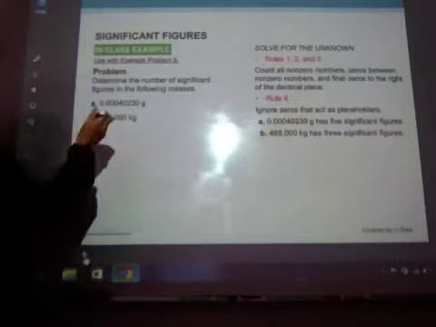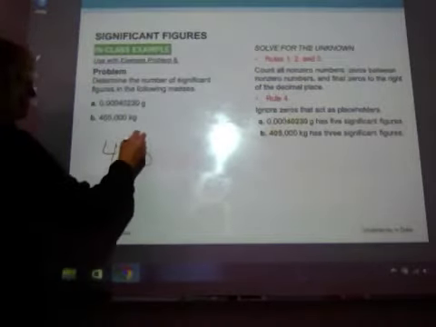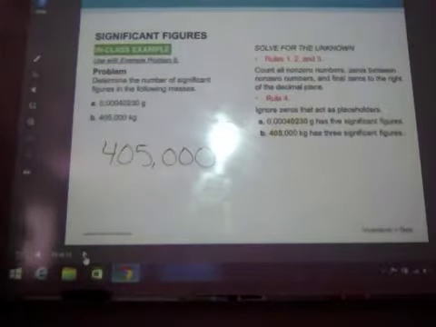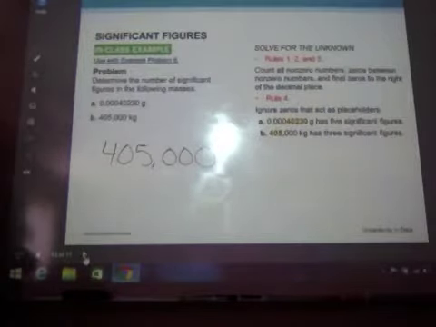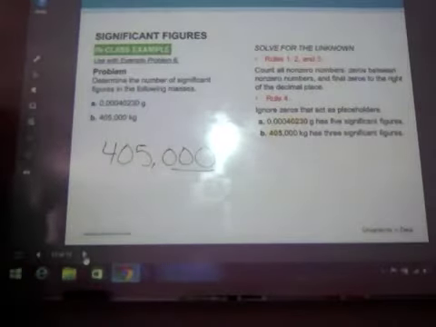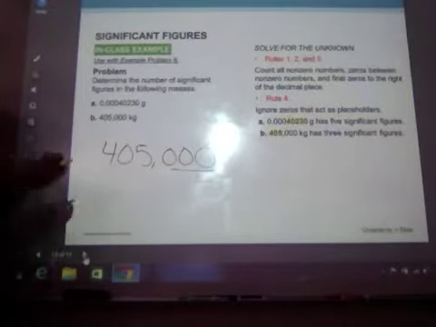Okay, the second one, 405,000. Notice there is no decimal anywhere. How many significant digits? Cole says 3. Do we agree? Do these 3 zeros count? They do not. There's no decimal.